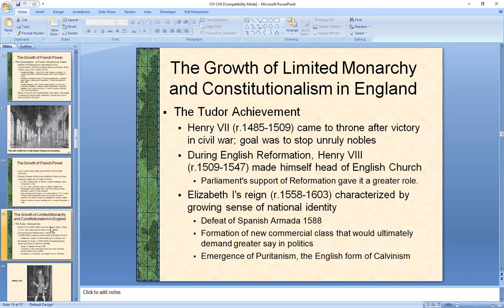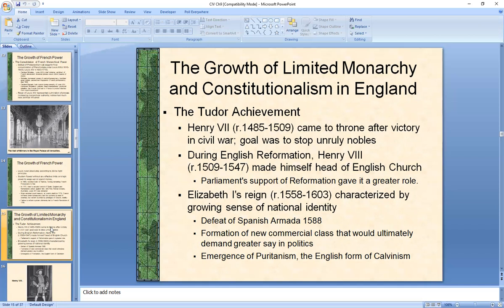The Tudors, who were in power, Henry VII came to the throne after victory in Civil War. His goal was to stop unruly nobles. And during the English Reformation, Henry VIII made himself head of the English Church. We've talked about that already. Elizabeth I was the last Tudor to reign.